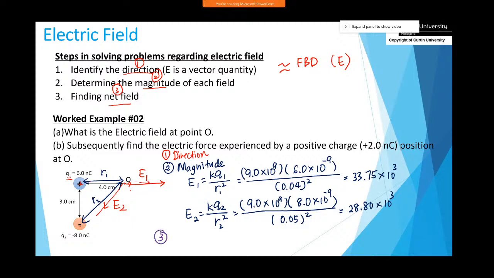We are done with magnitude, and now we would like to find the net field. So draw the diagram again. E1 is here, E2 is here. Same as just now, since they are not on the same axis, we need to do resolving.